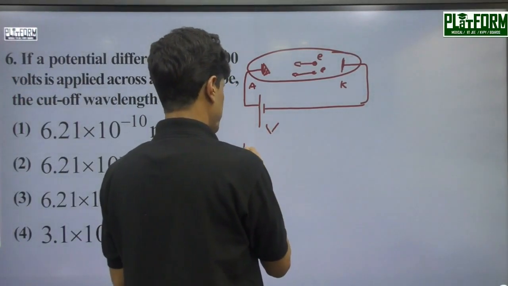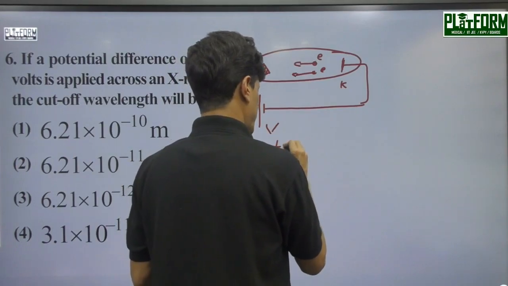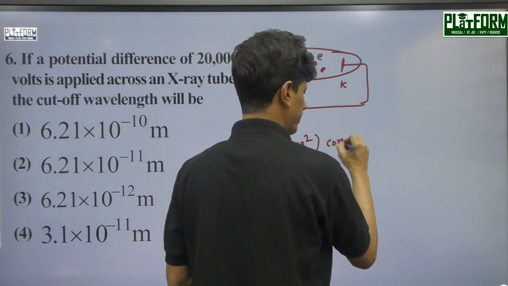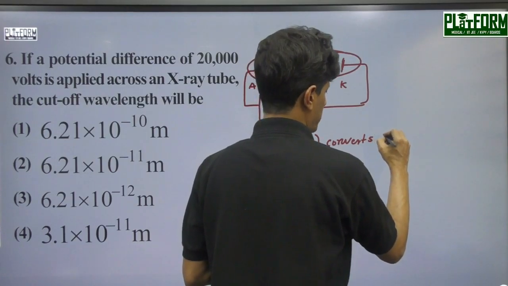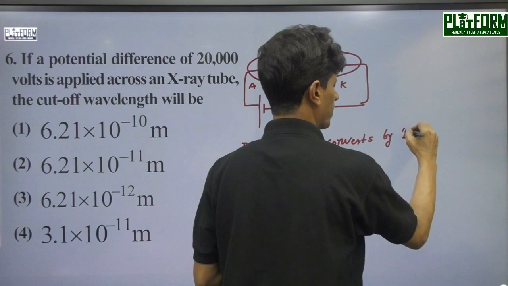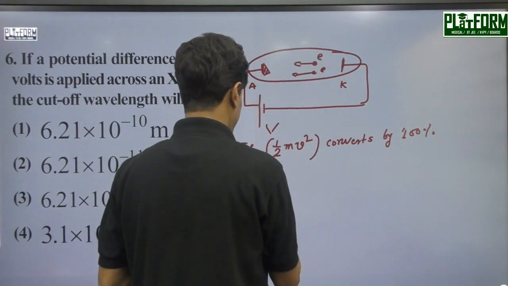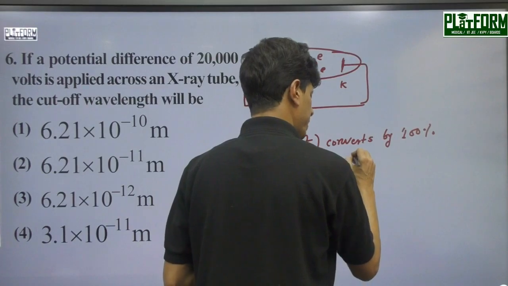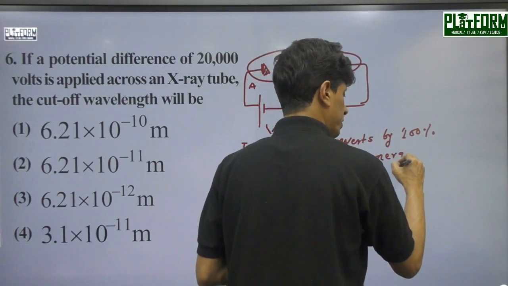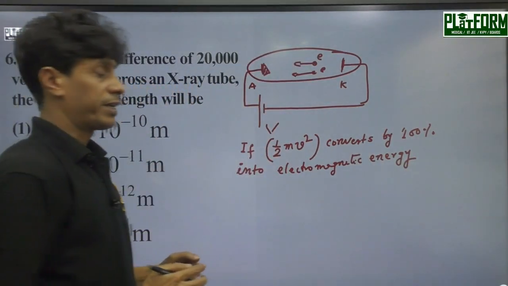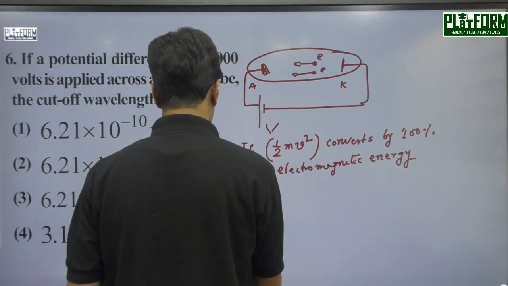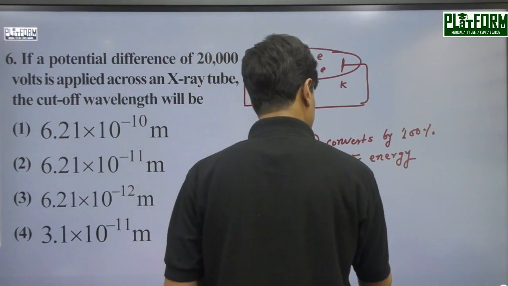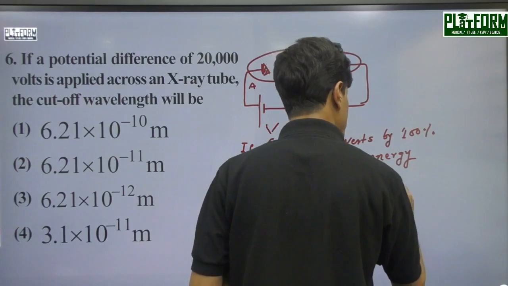If we consider that the kinetic energy of the electron converts by 100% into electromagnetic energy, then we can say the energy of the X-ray h nu equals half m v squared.